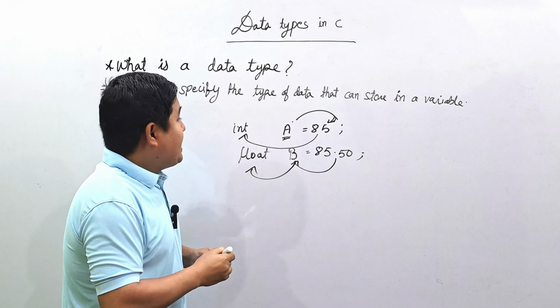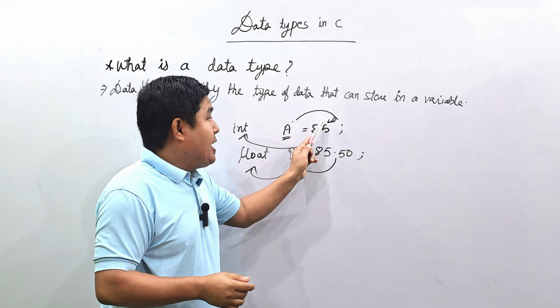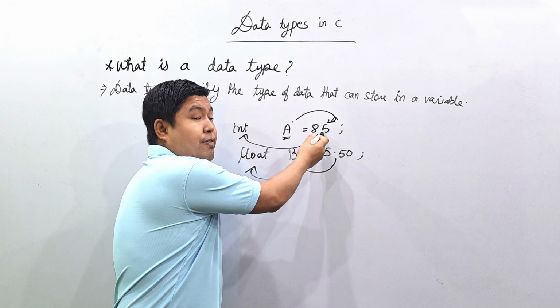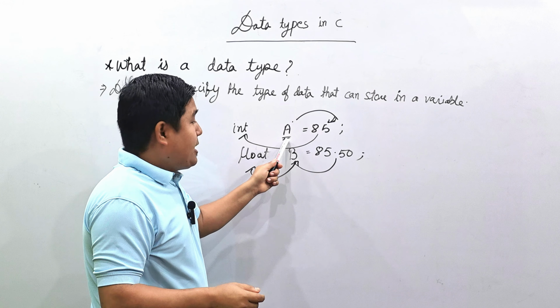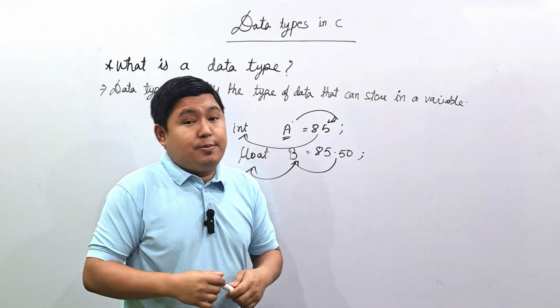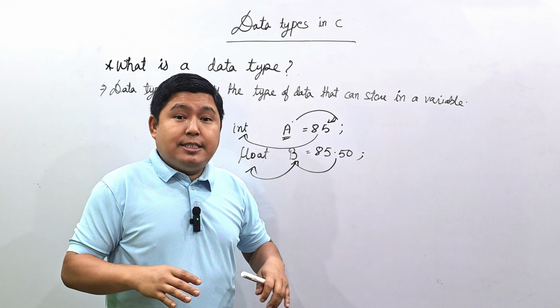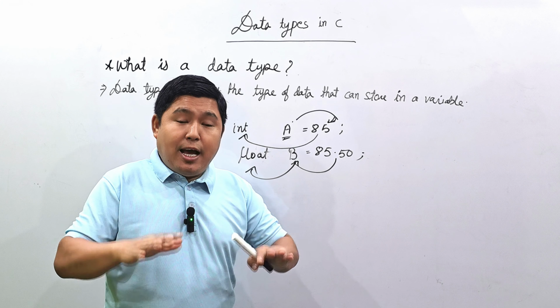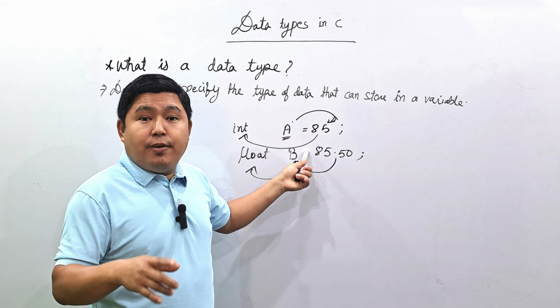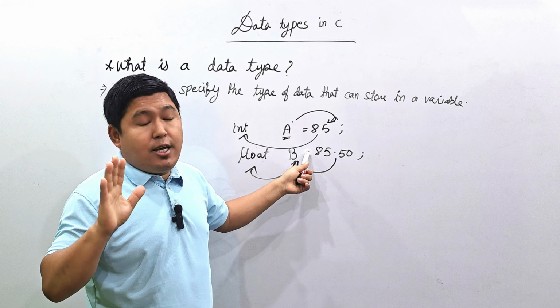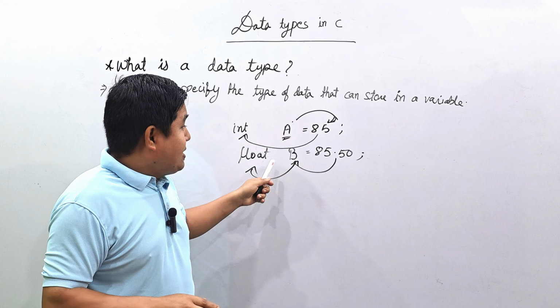It's very simple. A variable is a name that can store a value, and which value can be stored in a variable is decided by the data type. Now it's clear.